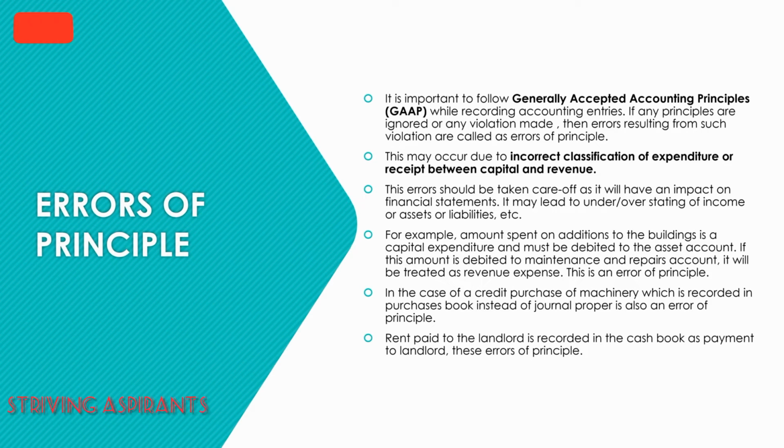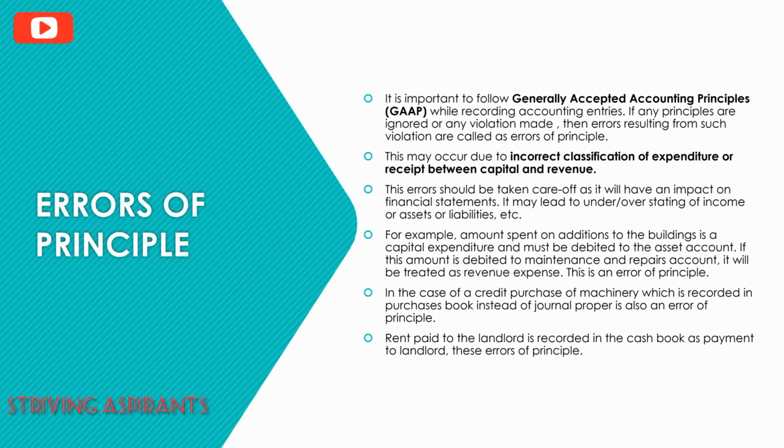Let us check some examples of the errors coming under this one. Amount spent on additions to the buildings should be treated as capital expenditure and must be debited to the asset account. If this amount is debited to the maintenance and repairs account, then it will be treated as a revenue expense. So this is an error of principle.